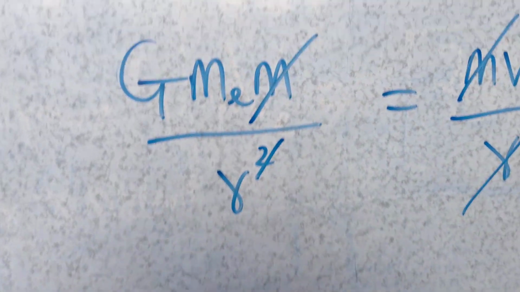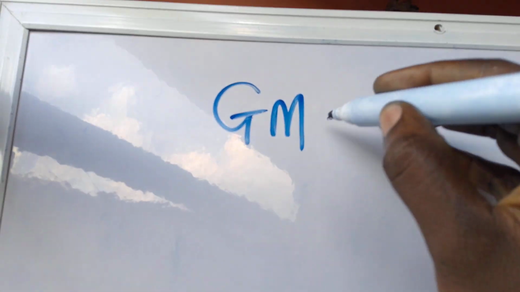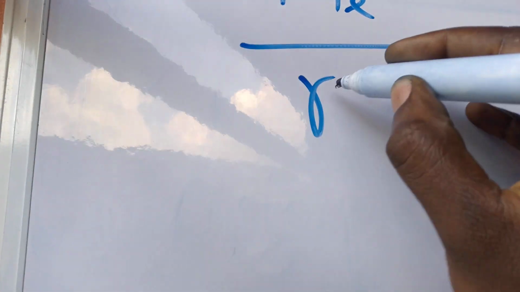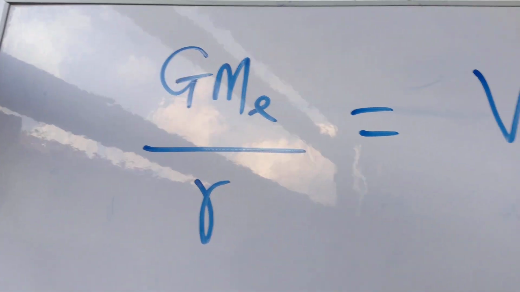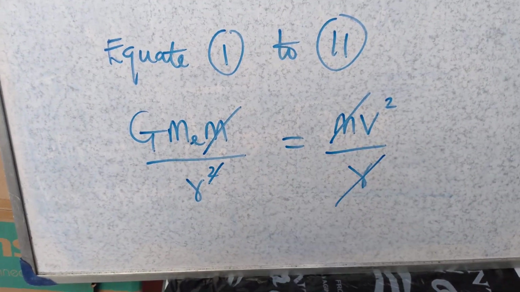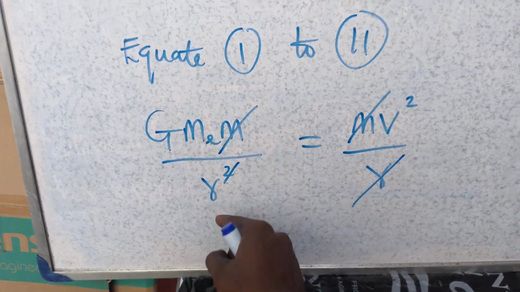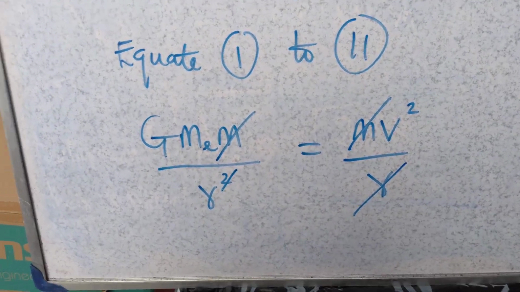So I'm left with G ME over R equals v squared.